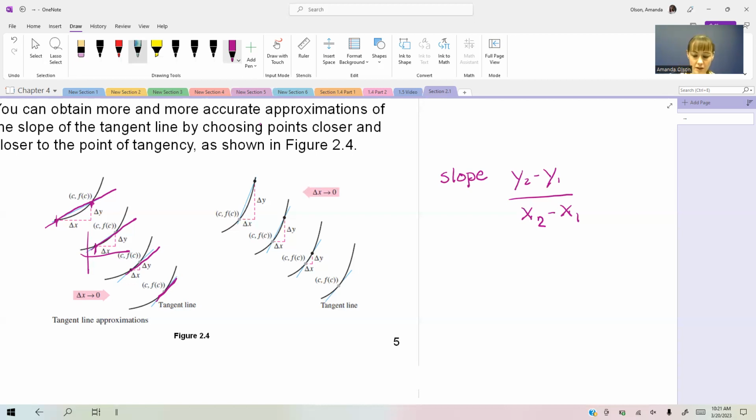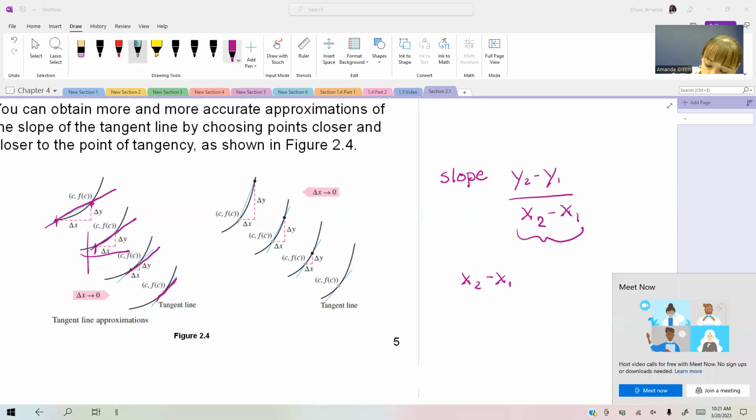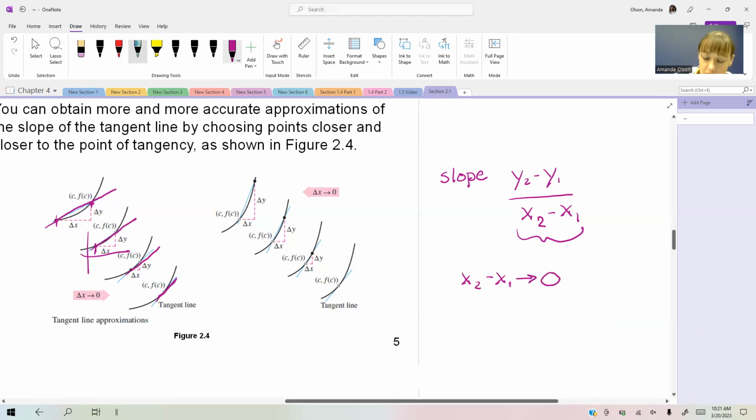When you're dealing with x values that are really close together, your difference of x values, the larger minus the smaller x value, is getting smaller and smaller. It's getting closer to 0. However, we can't have 0 in the denominator. If you divide by 0, that's undefined. So we get stuck when we try to find the slope of the tangent line, where we're working with 2 of the same points.